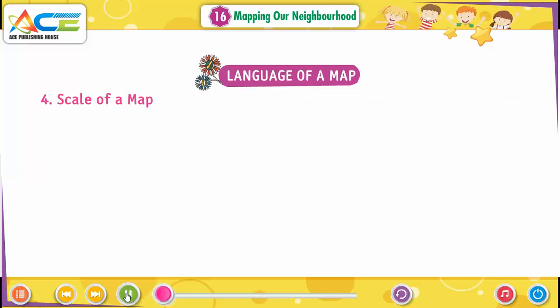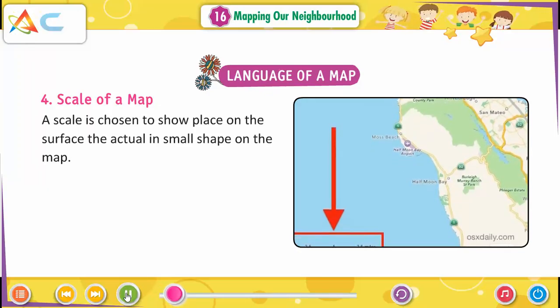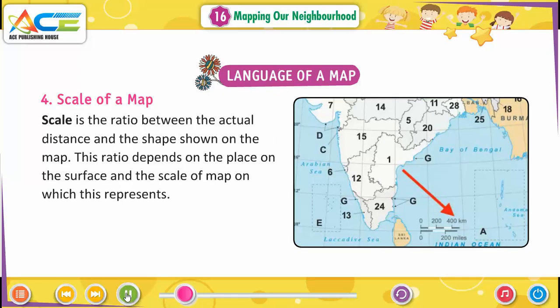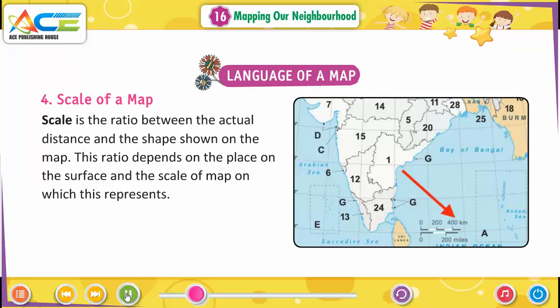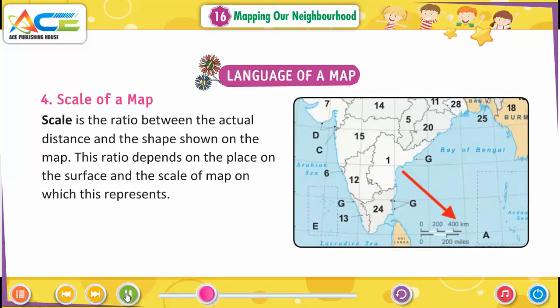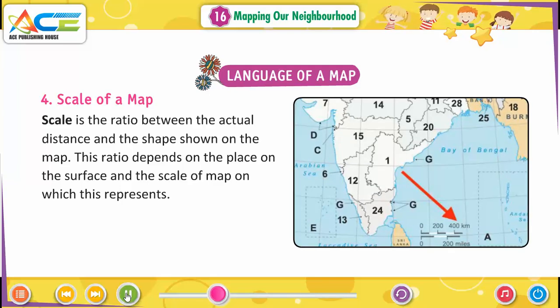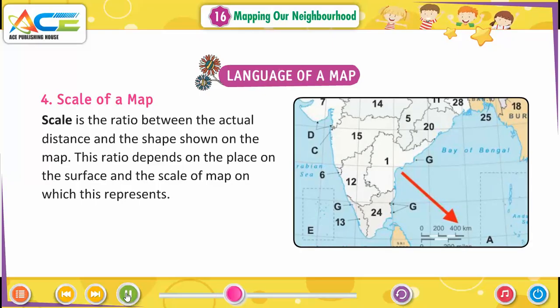Scale of a map. A scale is chosen to show the actual place on the surface in small shape on the map. Scale is the ratio between the actual distance and the shape shown on the map. This ratio depends on the place on the surface and the scale of the map on which it is represented.